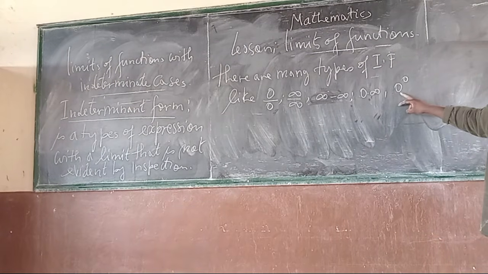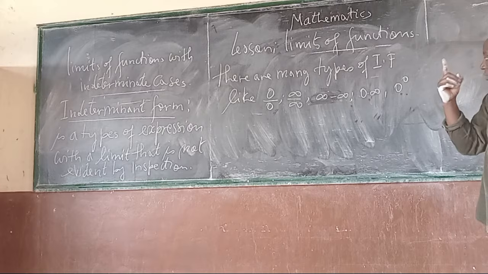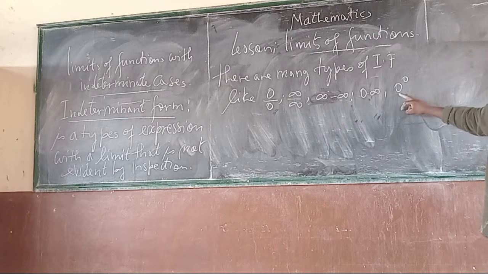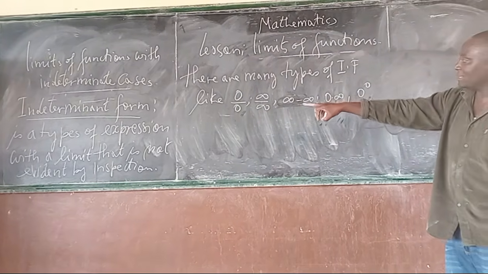Understand this theory from surds and indices. From the surds and indices law, there is a statement which says that all numbers power 0 equal 1, but with the exception of 0. 0 power 0 cannot equal 1. 0 power 0 is a kind of expression which cannot have a meaning in mathematics.